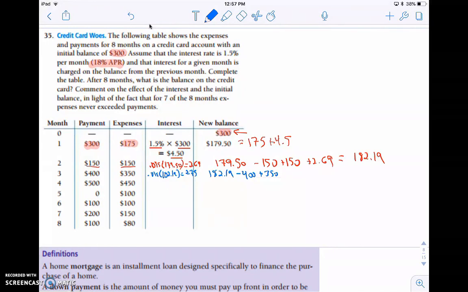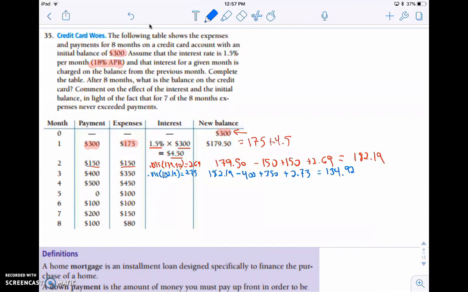Then you have to remember to tack on your interest of $2.73. When I add and subtract everything, I get $134.92. Then this continues on.